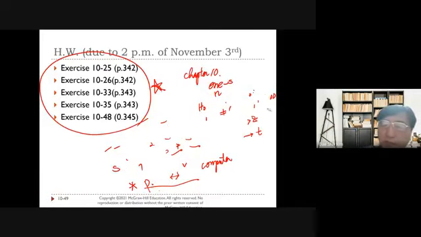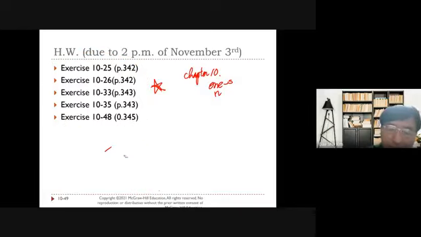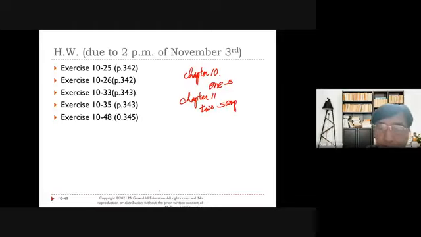Chapter 11, two samples. Two groups, group 1 and group 2.